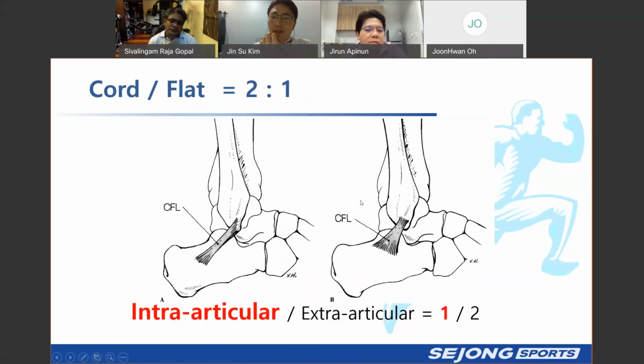And we should think about the anatomical characteristics. The CFL is usually placed intra-articularly in 30%. So the intra-articular CFL tear may also cause poor healing.